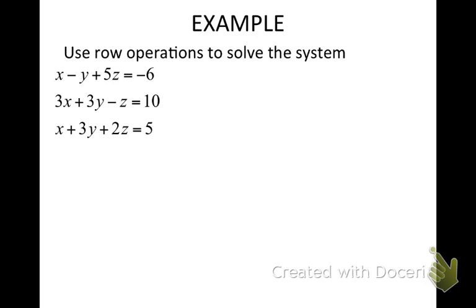So we've got x minus y plus 5z equals negative 6. Three x plus 3y minus z equals 10. X plus 3y plus 2z equals 5.